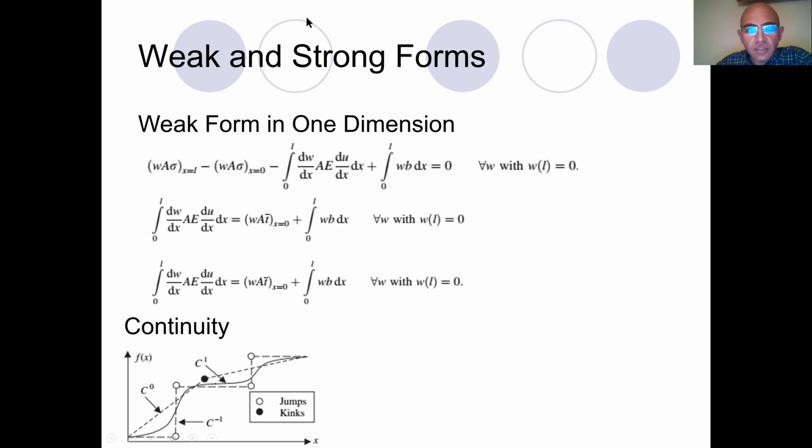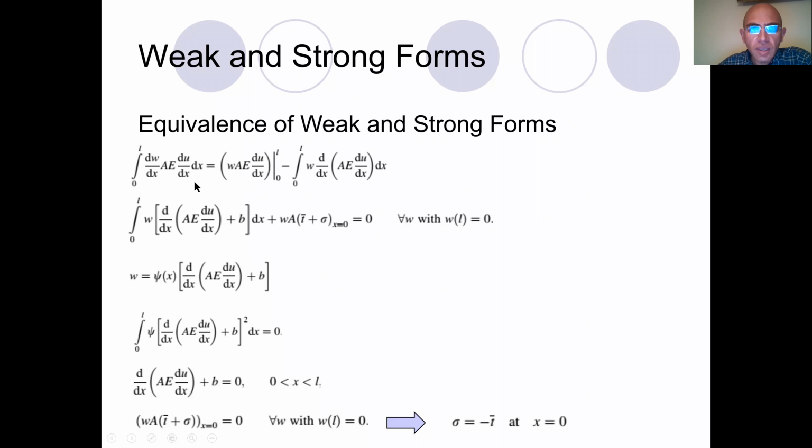Now, just take this expression, this term, and apply integration by parts for the proof of equivalence of the weak form. So we apply integration by parts, and then we arrive at this expression.